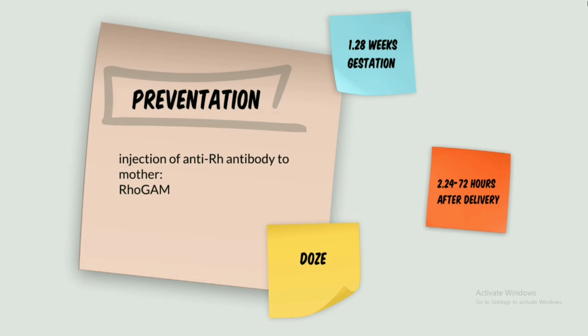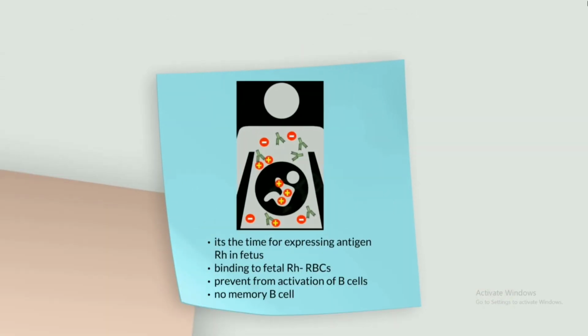Let's realize the reason. It's the time for expressing Rh antigen in fetus. ROGAM, which is anti-Rh antibodies from IgG class, will bind to fetal Rh positive RBCs and prevent B cells from activation. So now there are no memory B cells.